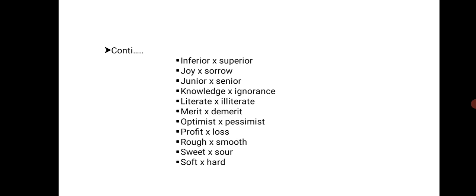Because we are not acquainted with reading. If you are a good reader, definitely you come across many words and can understand the meaning contextually, or at least we can refer to the dictionary and find the meanings.